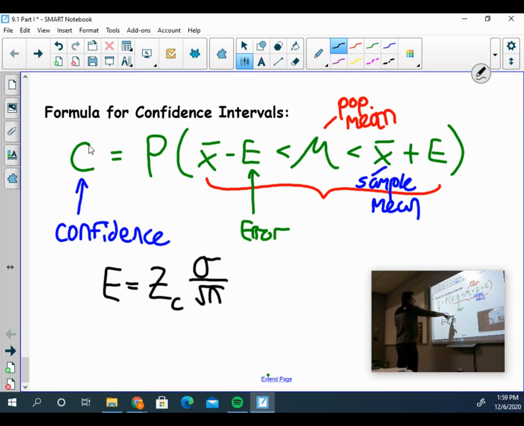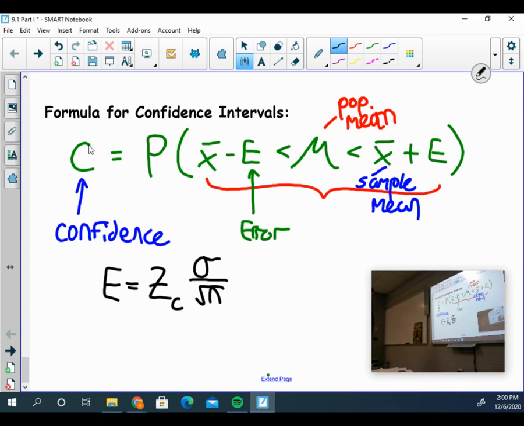Now, if we don't know a population parameter like sigma, if we don't know our population standard deviation, definition 1 helps us. If our sample size is large enough, we'll just substitute S in for sigma, as long as we know the population is somewhat normally shaped and that the sample size is greater than or equal to 30.